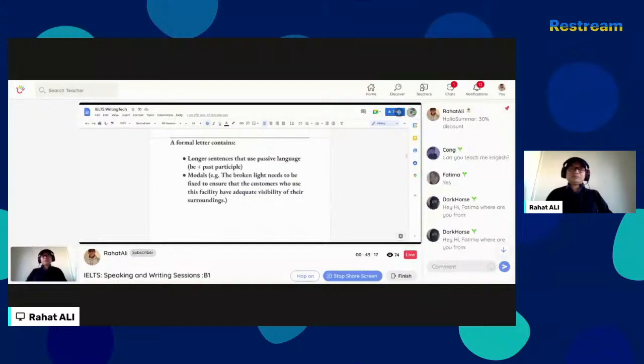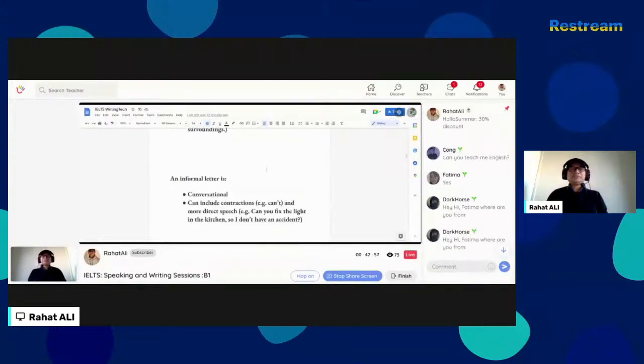So for the modal verbs, you see the example: the broken light needs to be fixed to ensure that the customers who use this facility have adequate visibility of their surroundings. You can see how it is written.